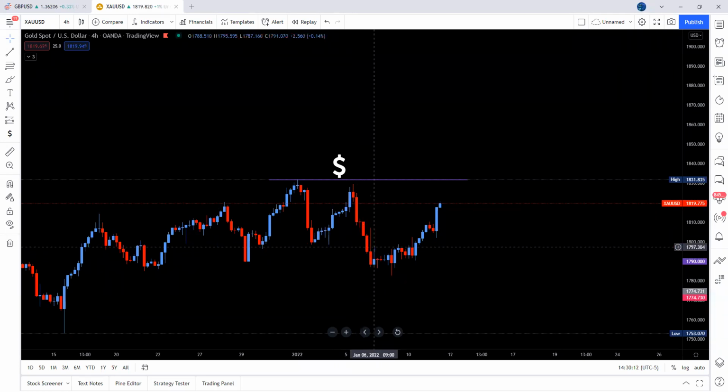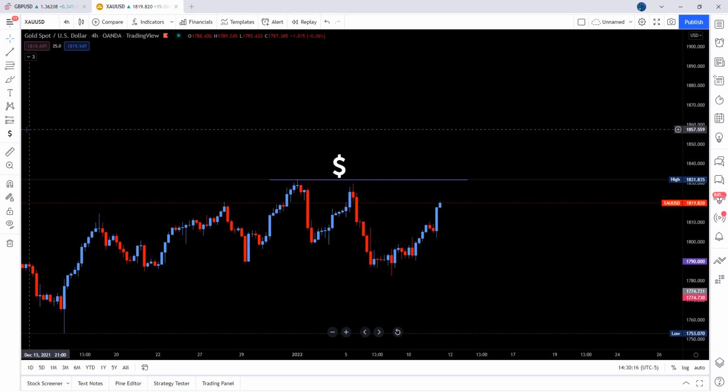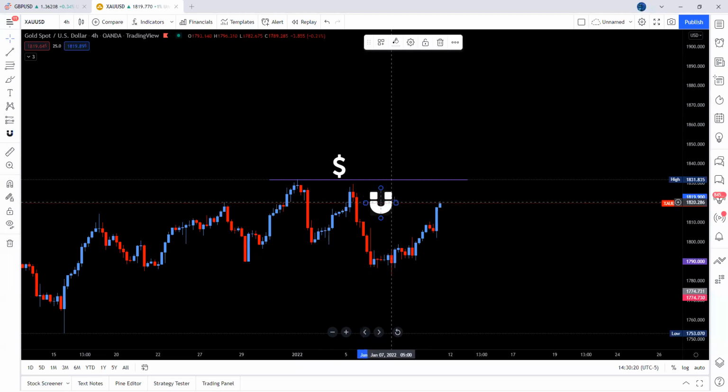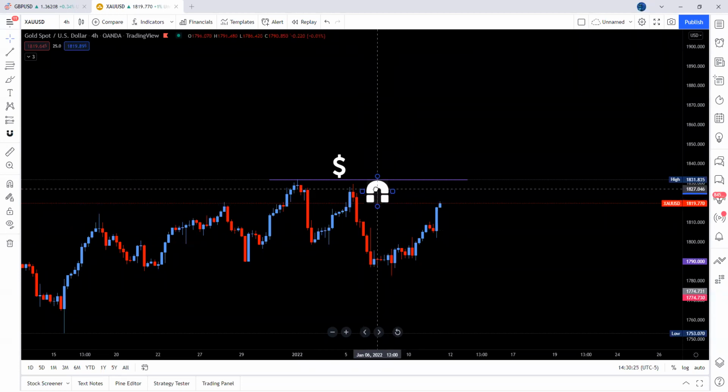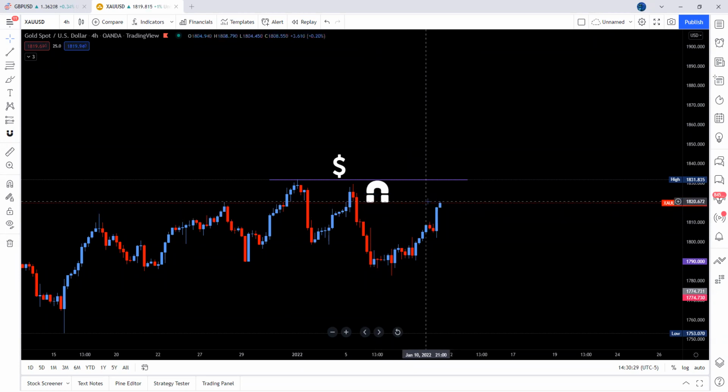Because of that, I would like price to fill all of this. Remember that price is a magnet, but not a stop. So if this is a magnet, we know that price is going to come back up and try to fill this, right? So around this area, what's the closest piece of liquidity that price is attracted towards?